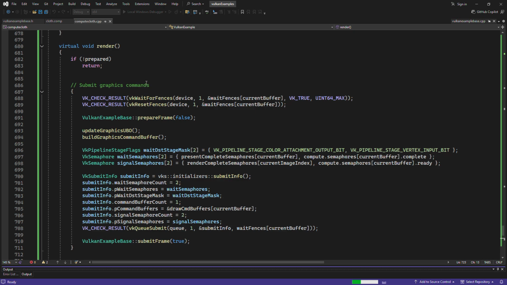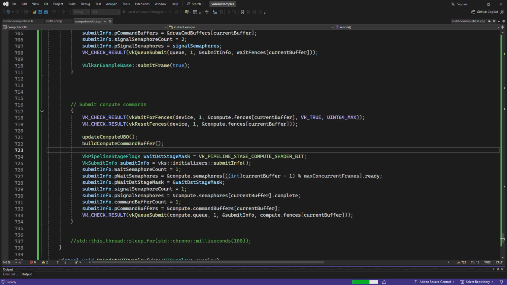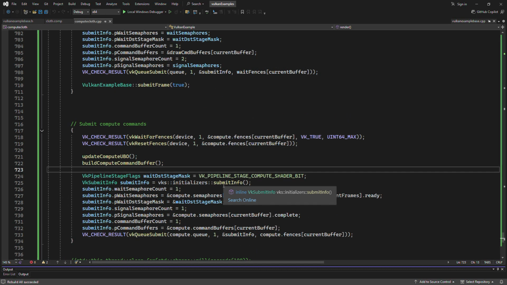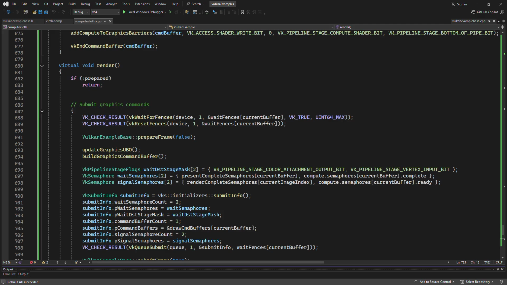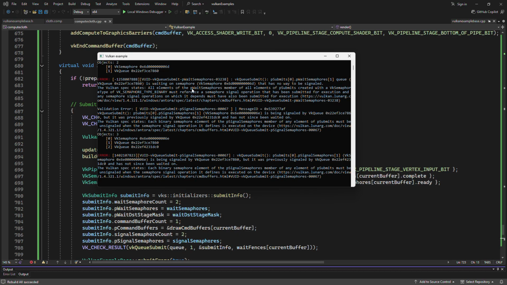Because I thought the semaphores would make sure that compute happens before graphics, but that is not the case. Right, we get the no way to be signaled error, right?